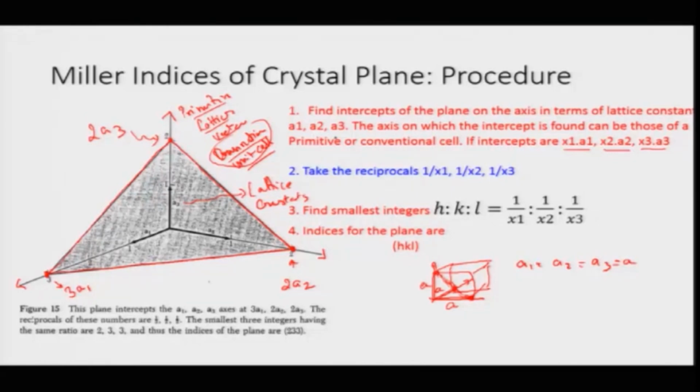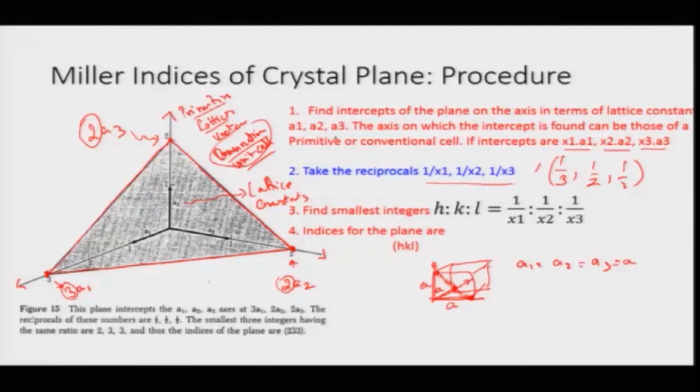So I first find the intercepts, then I take the inverse of the intercepts which are written in terms of the lattice constants. I find out 1 by x1, 1 by x2, 1 by x3. So I find out 1 by 3, 1 by 2, 1 by 2. These are the inverse of the intercepts.